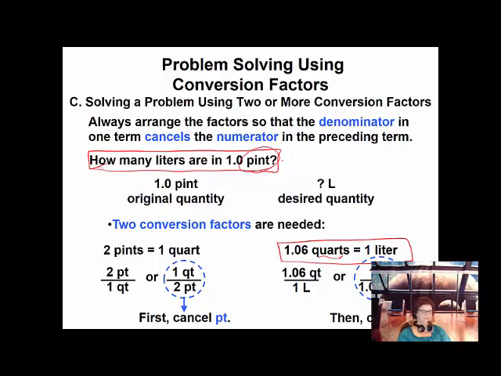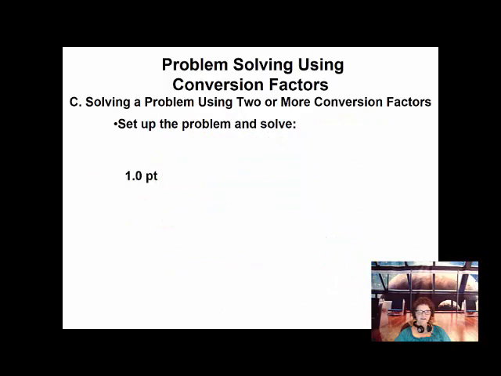I'm starting with pints. So if I'm starting with pints, I'm going to have to get pints to what? Quarts. So I also know that there are 2 pints in 1 quart. All right, so 2 pints in 1 quart. So I can also cancel out pints so that I can get closer to the answer.